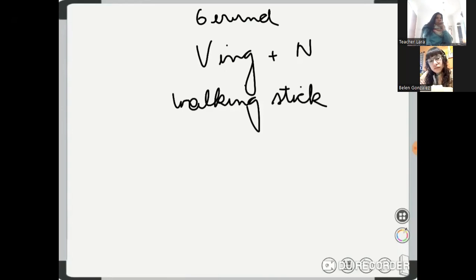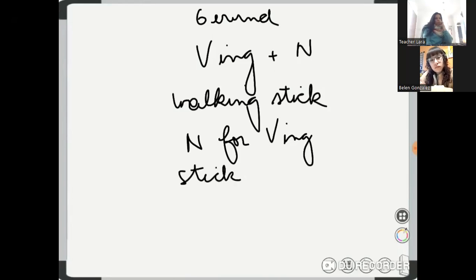If we apply the rule for the present participle, this would be a stick that walks. Impossible. So there is another possibility, which is the noun for and the verb with ing. And so this will make a stick for walking. Does this make sense? Of course it does. So we understand there that walking is a gerund, not a present participle.